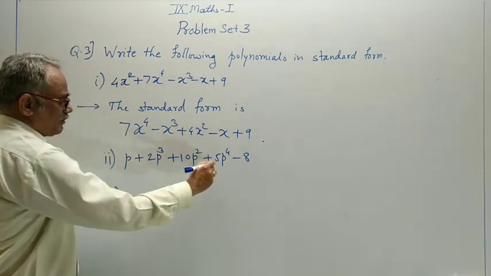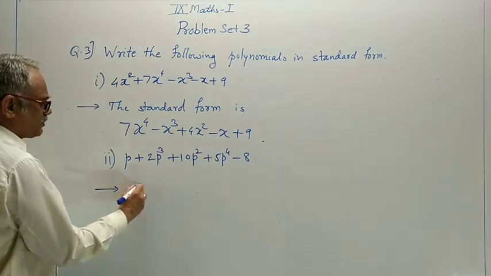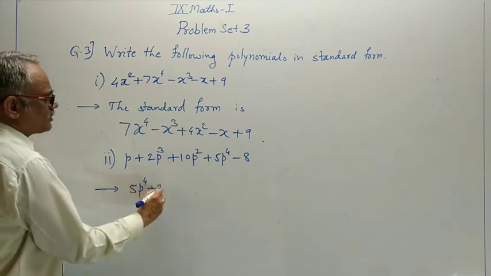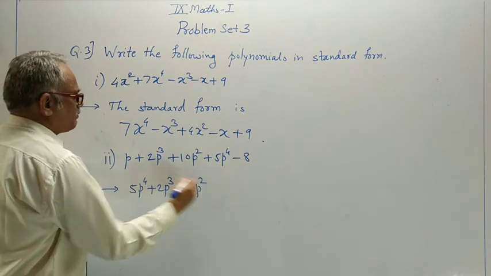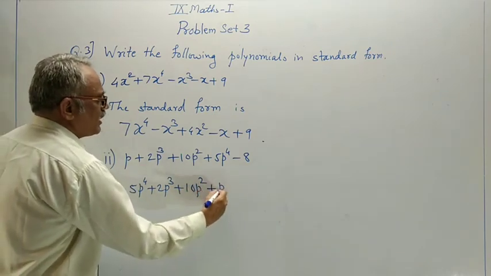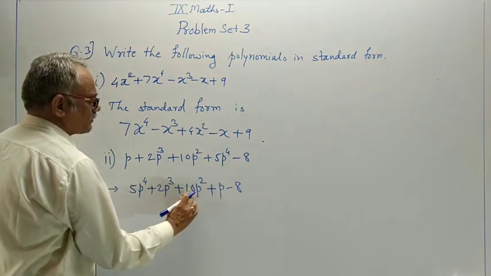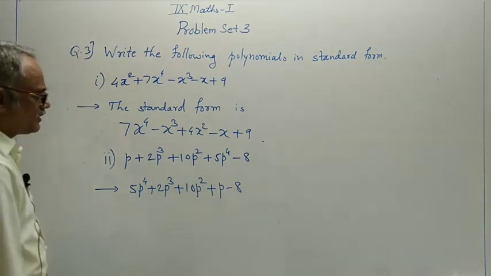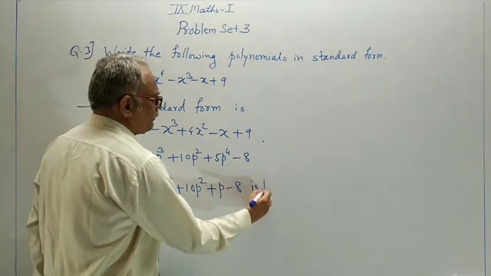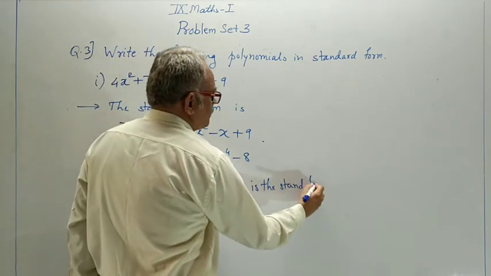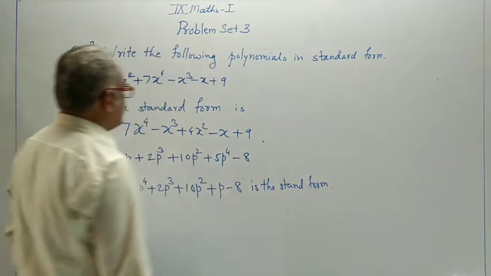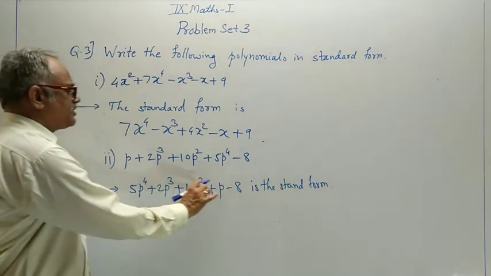What is the maximum index? 5p raised to 4 term, plus 2p cube, plus 10p square, plus p minus 8 is the standard form. Standard form is nothing but writing from highest degree index to lowest degree index.